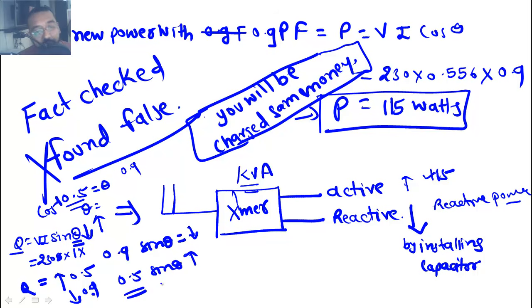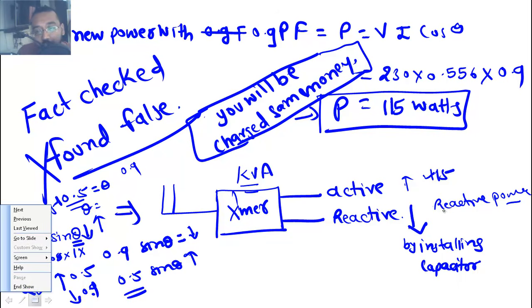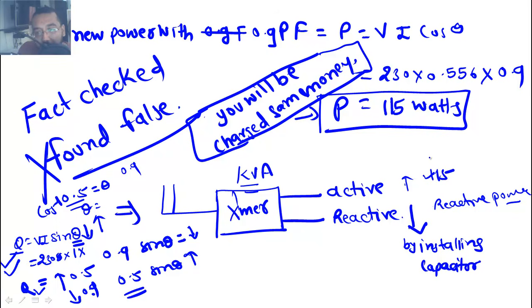So this is how you can calculate the value of Q. Without the capacitor, the active power was 115 and the reactive power was more, and with the capacitor the active power was the same, 115, but the reactive power was less.